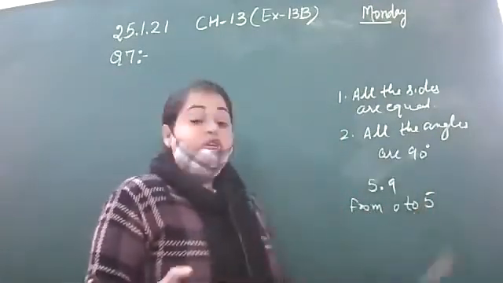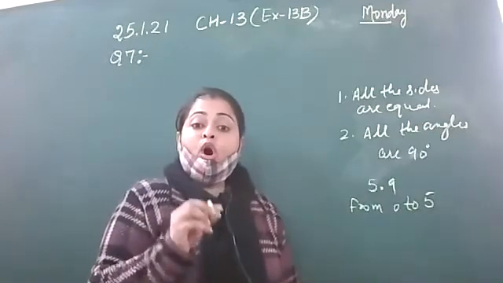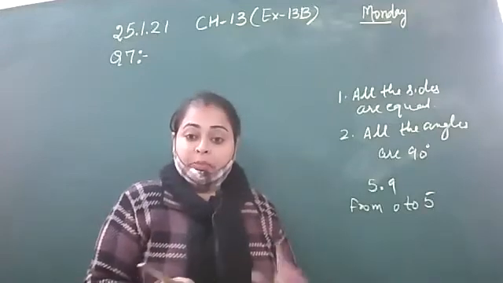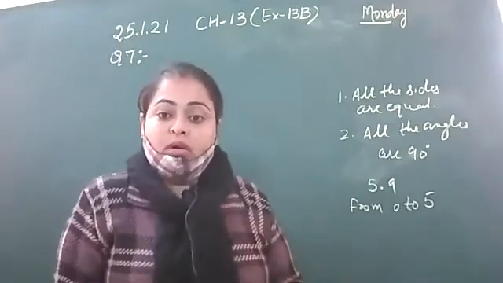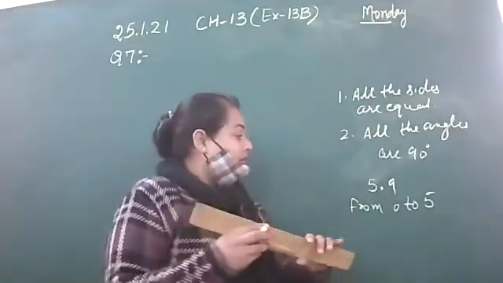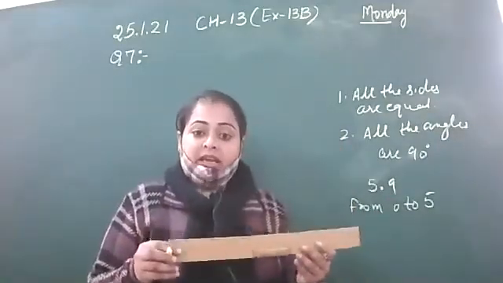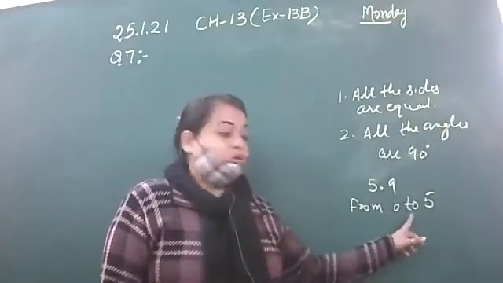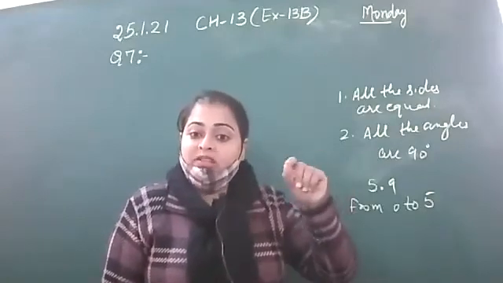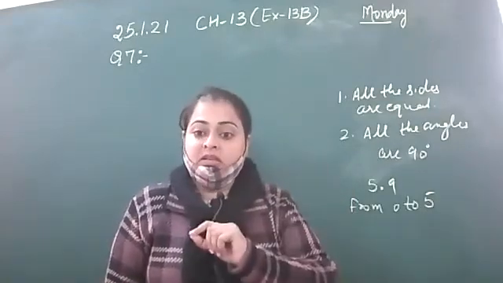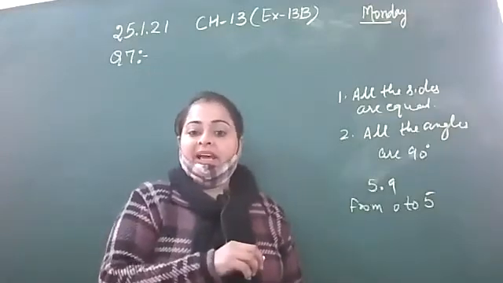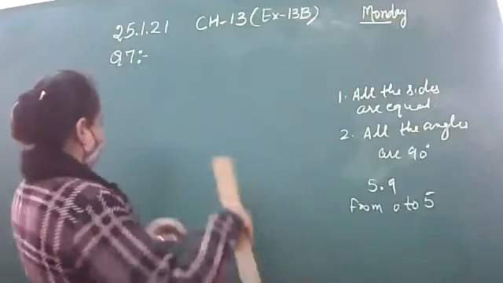After 5, you will count 9 small lines. I am repeating how to draw 5.9 with the help of the scale: from 0 to 5, and after that, from 5, 9 small lines. This is your first step, so draw side by side. Let's start.